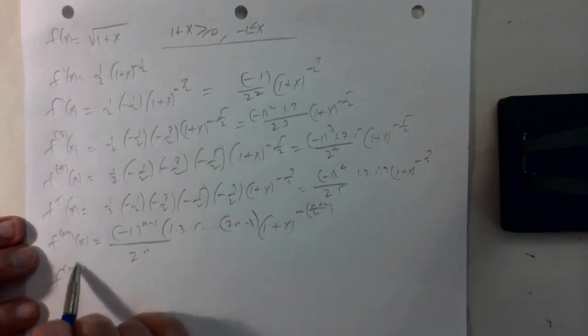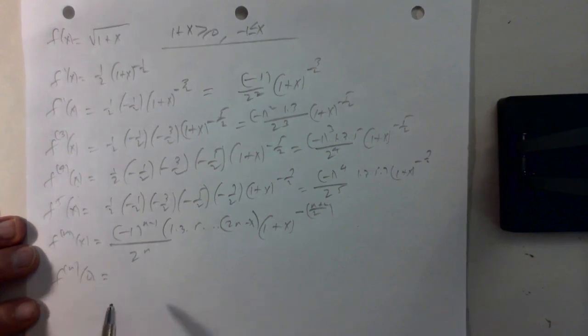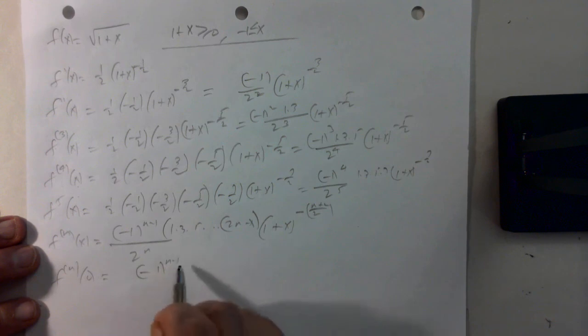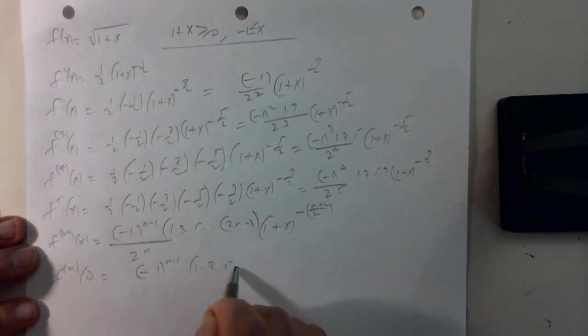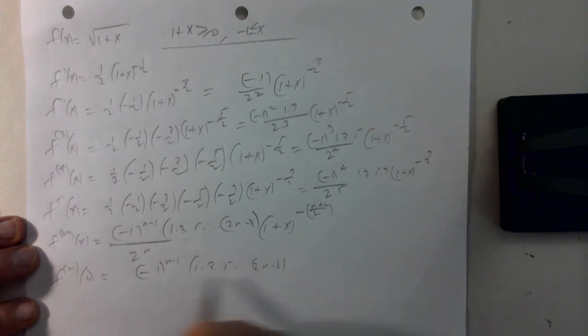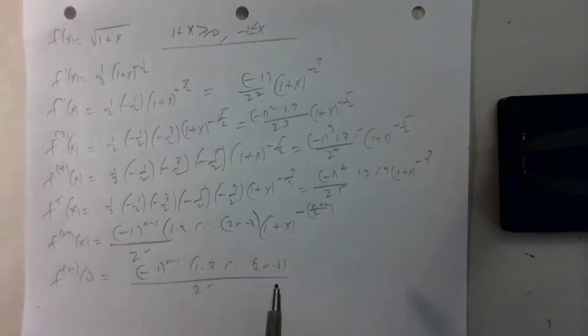So the value of this when x equals 0, the last factor just becomes 1. It's minus 1 to the n minus 1, 1 times 3 times 5 up to 2n minus 3, over 2 to the n.